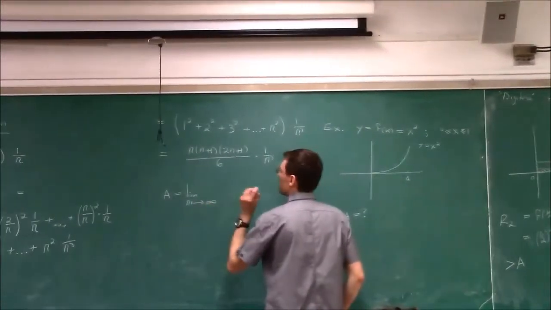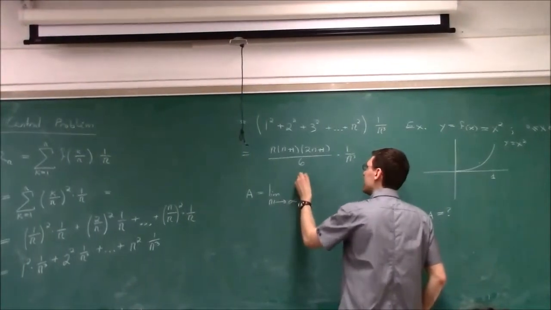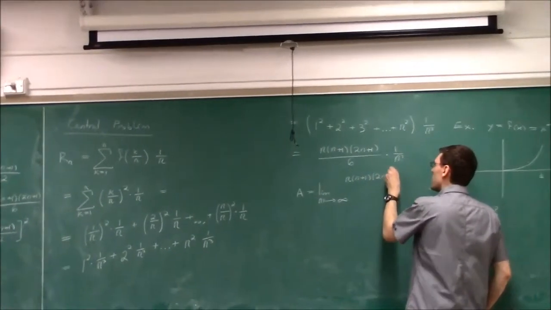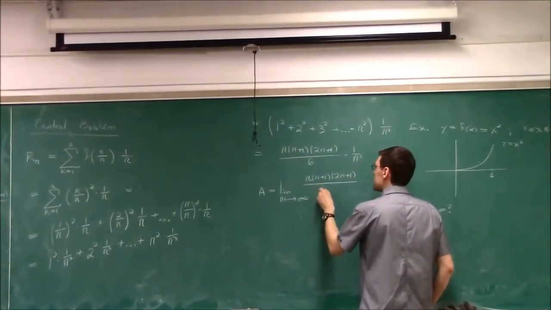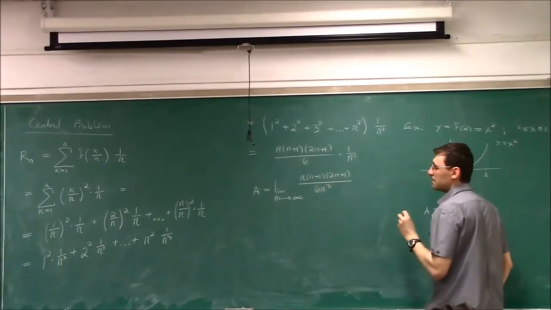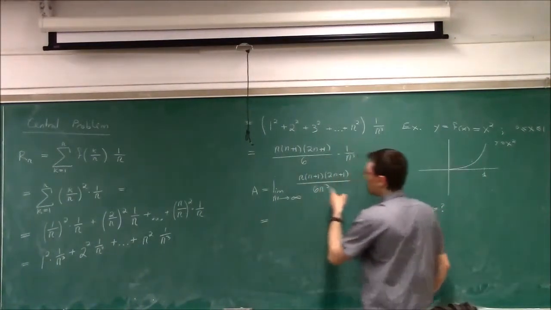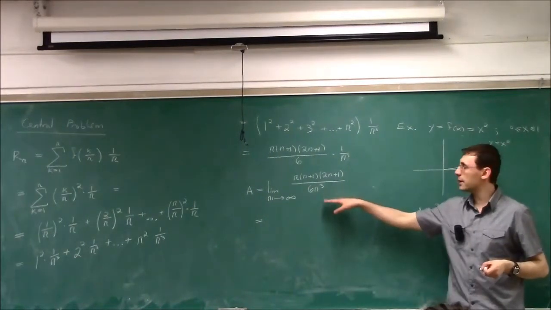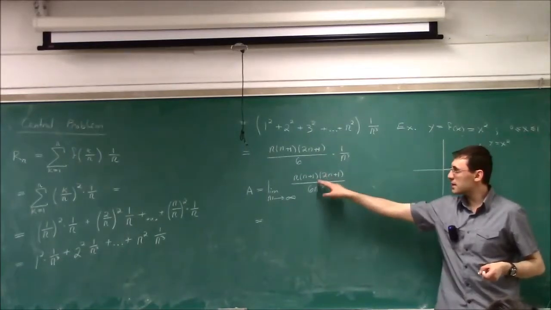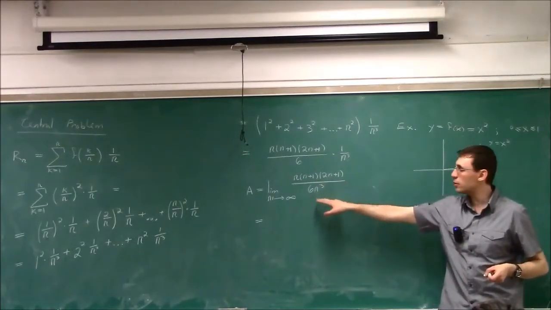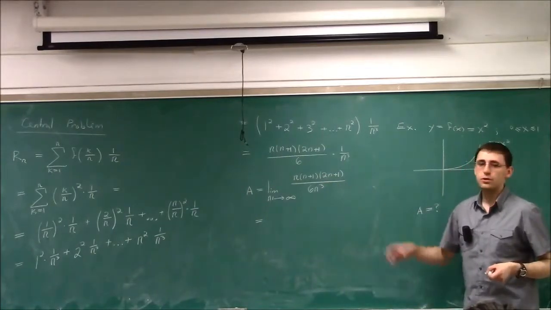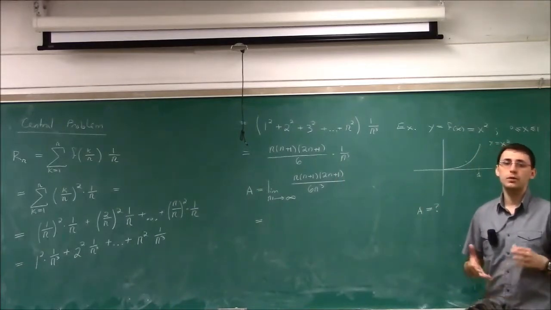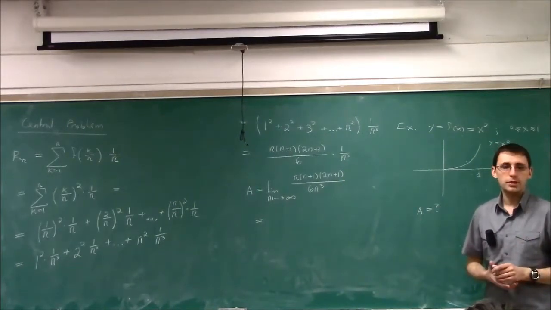So this would be the limit as n goes to infinity of n plus 1 times 2n plus 1 over 6n cubed. Can you tell me what this limit is? Now this is something we learned a while ago at the beginning of the semester. And this is very easy since the numerator is a polynomial, the denominator is a polynomial. It's very easy to see what the limit as n goes to infinity should be. This rational function is determined by only the leading coefficients, which are what?